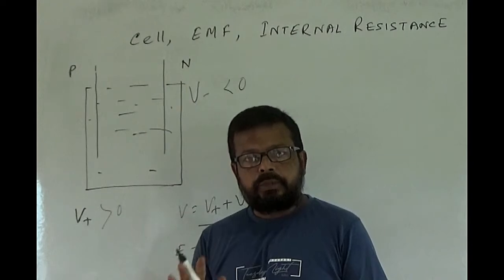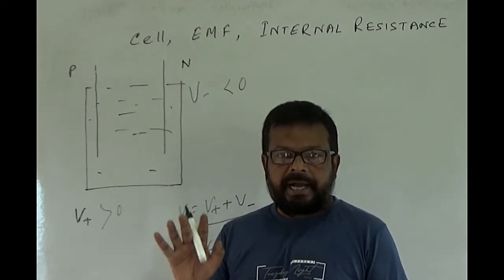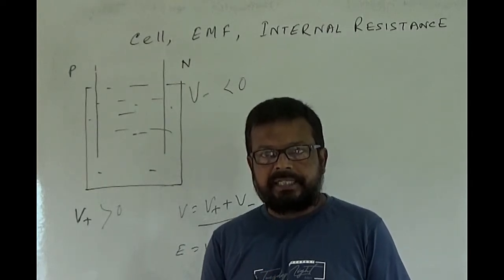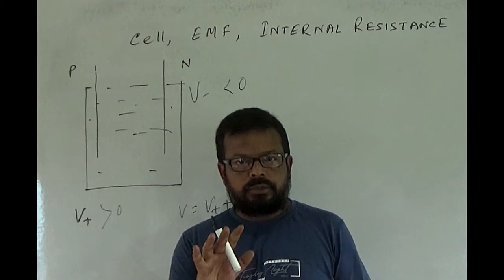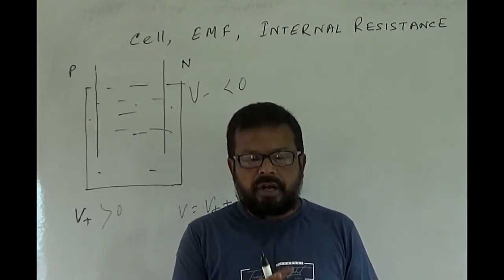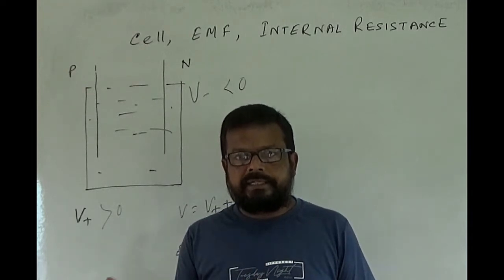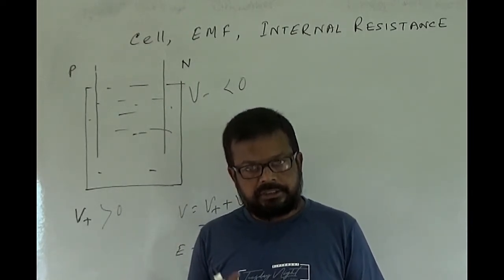And you can also say that the work done by the cell in an open circuit to bring a unit positive charge from one terminal to another terminal is the electromotive force. Is it clear?